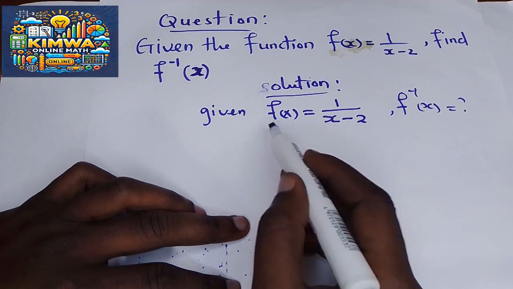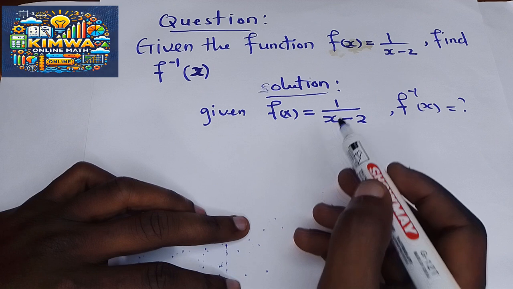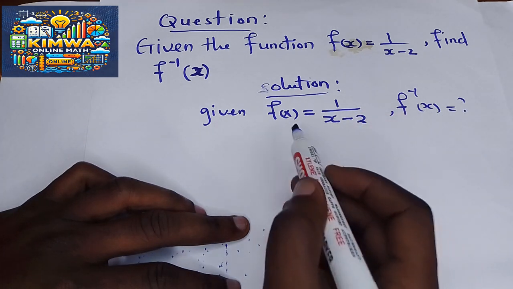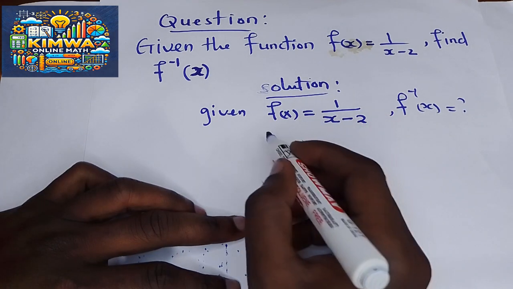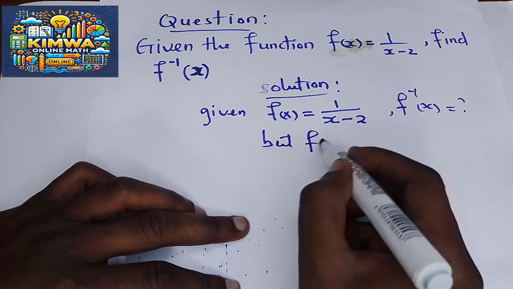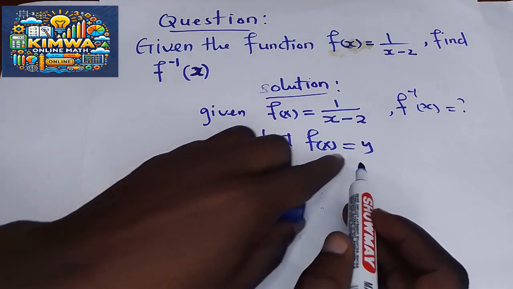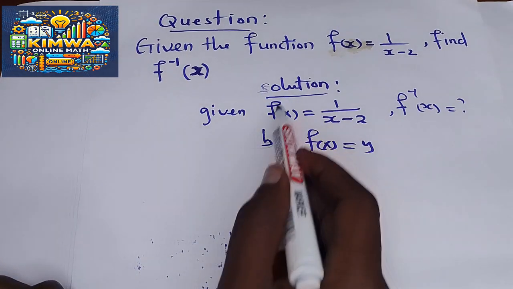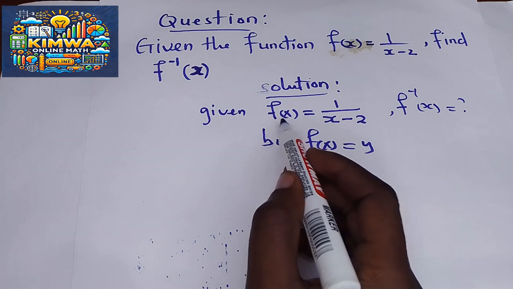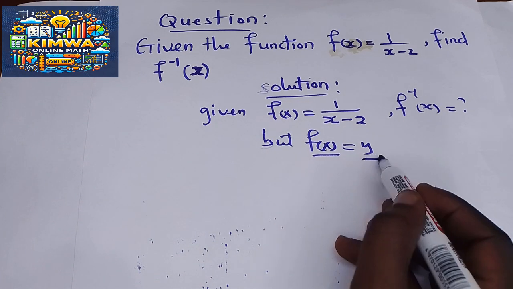First of all, f of x will be replaced by y, because according to the function scenario, f of x is equal to y. So instead of writing f of x, you are going to replace it by y.